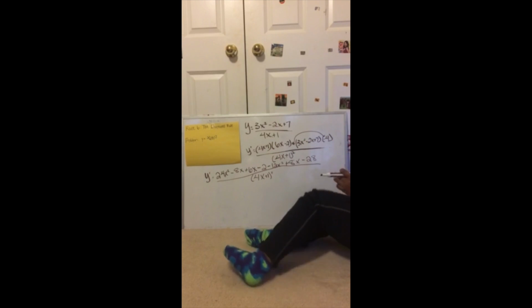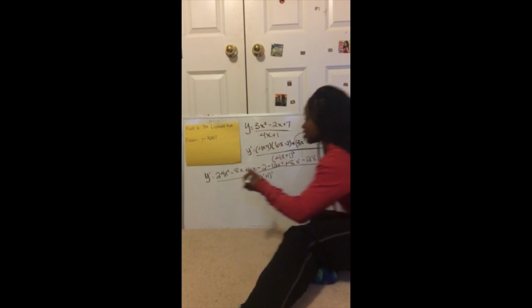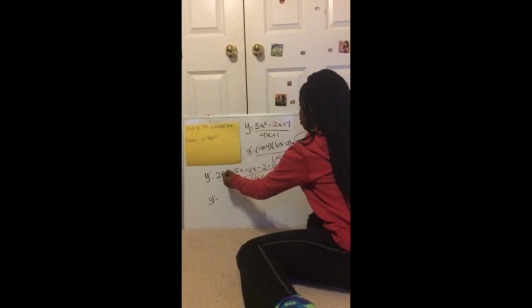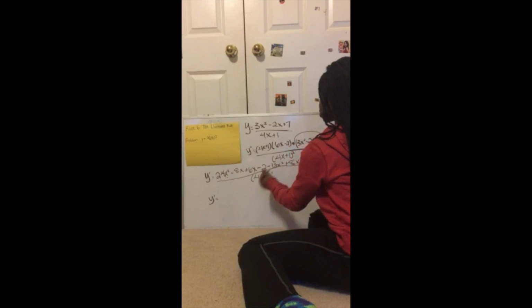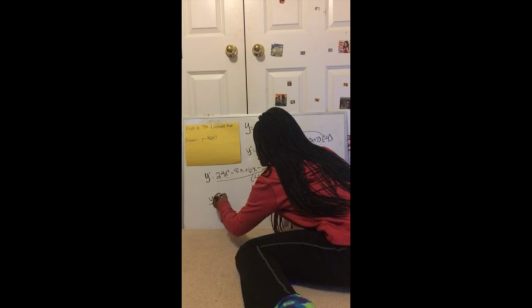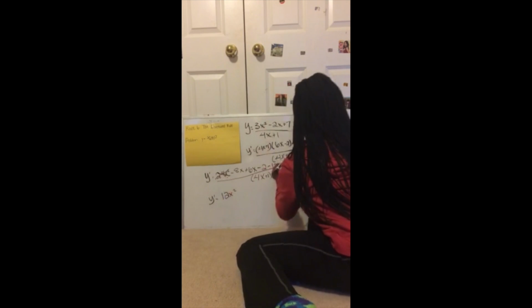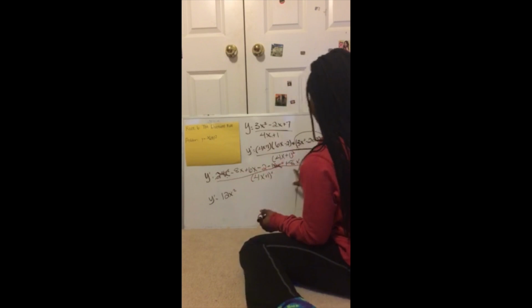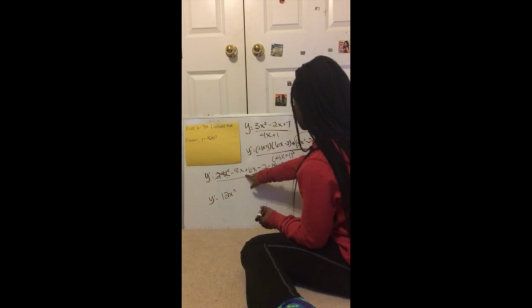And then next, all we're doing is combining like terms. So y prime equals the x squared, so 24 minus 12x squared is just 12x squared. And what I do is I cross it out so that I don't get confused. So then negative 8x plus 8x is 0, but then you have a 6x.